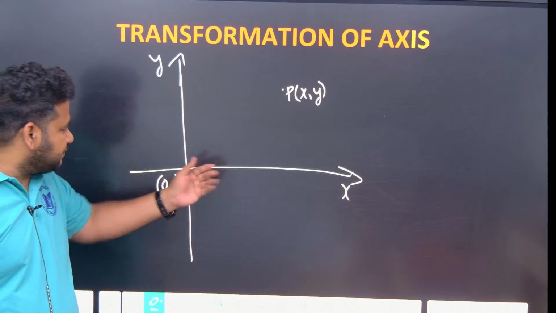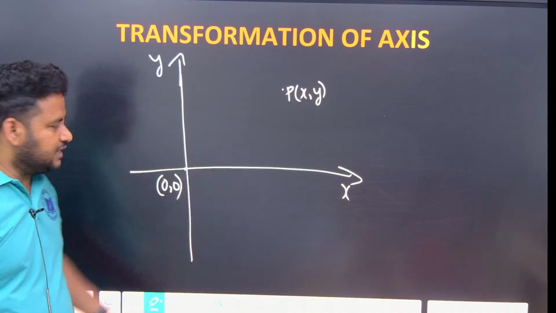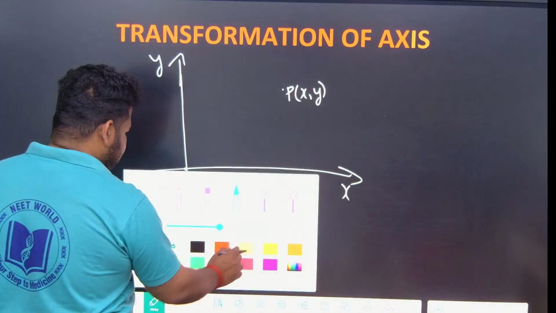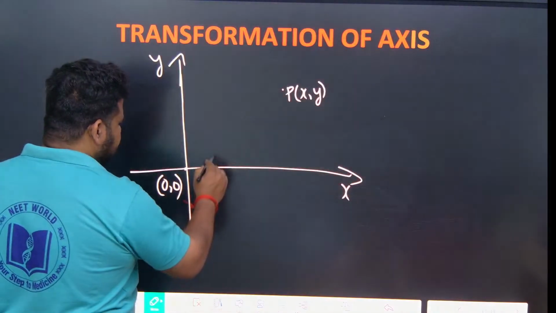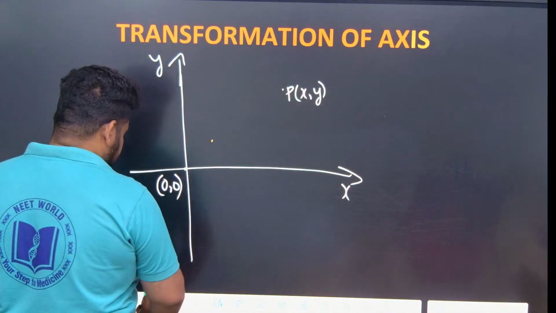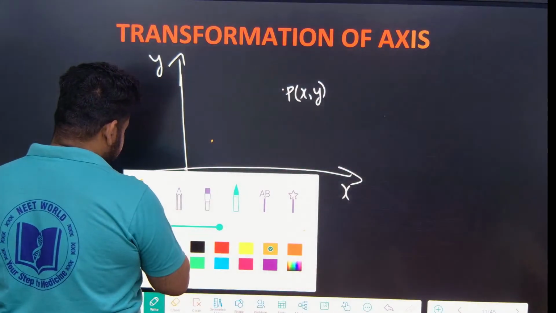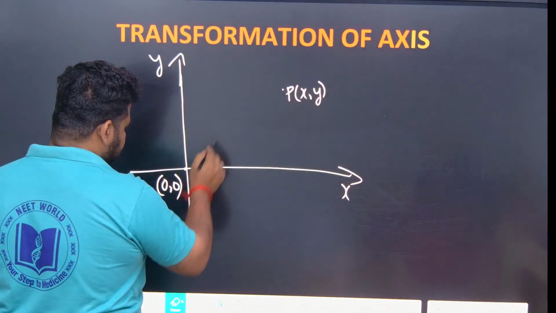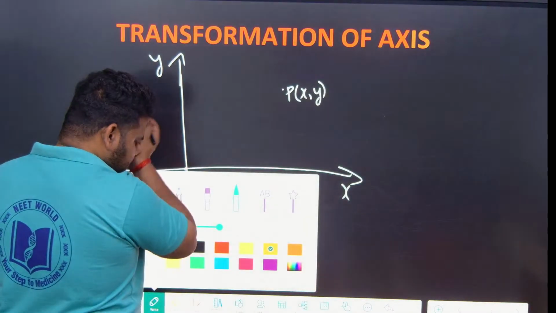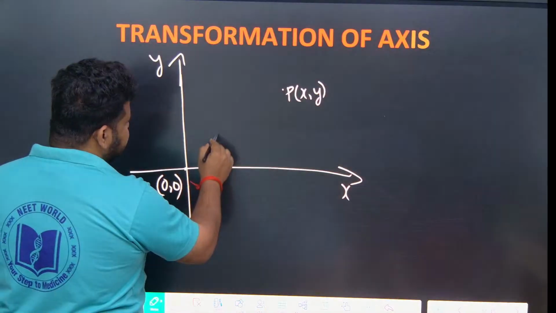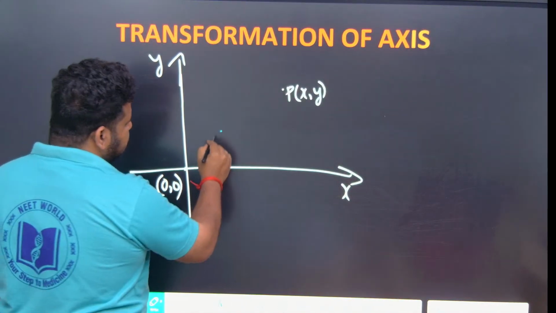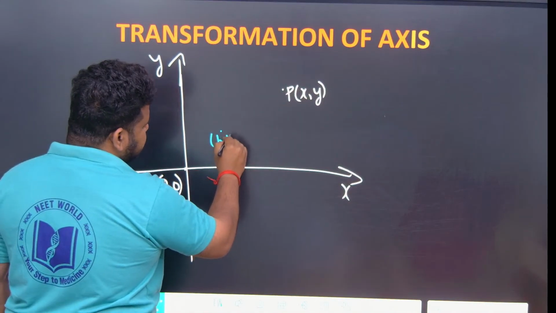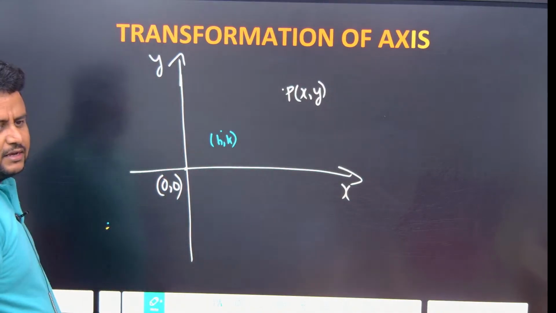Instead of x and y being at the origin, I will shift it to another point. Let this point be denoted by (h, k).